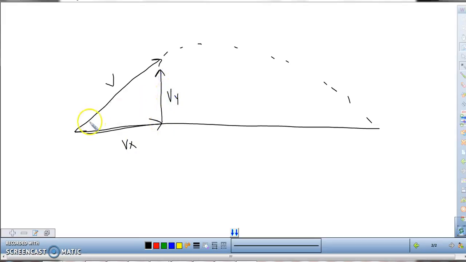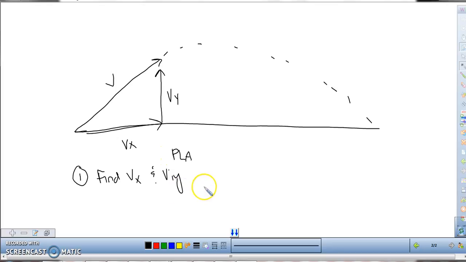Notice, in order for me to make this angle, I have to go right and up. And that's exactly what this object's doing at that point. So the first step to solving projectile motions is to find your initial Vx and Viy. This is always our starting point.